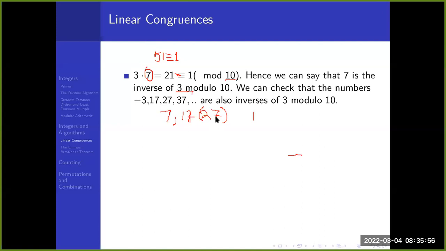So 27 times 3: 7 times 3 gives us 21, and 3 times 2 is 6, plus 2. Is that correct? 81 is... yes, it is correct. 81 is still congruent to 1. So there are many different numbers that will work.